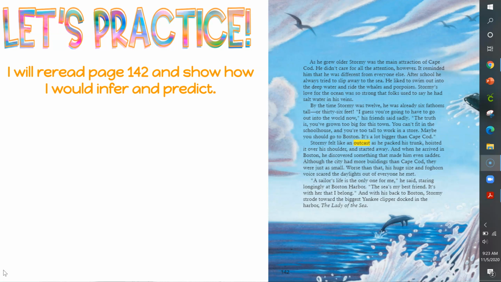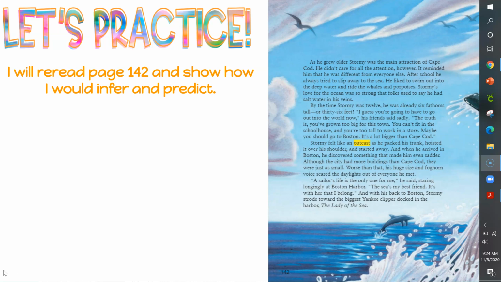"I guess you're going to have to go out into the world now," his friend said sadly. "The truth is, you've grown too big for this town. You can't fit in the schoolhouse, and you're too tall to work in a store. Maybe you should go to Boston. It's a lot bigger than Cape Cod." Stormy felt like an outcast.